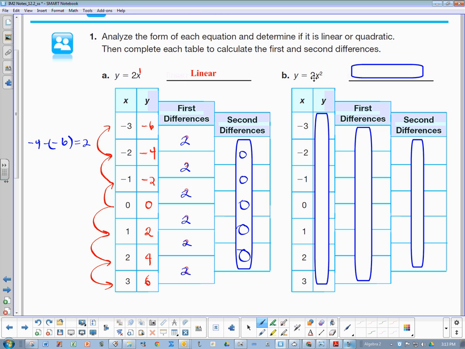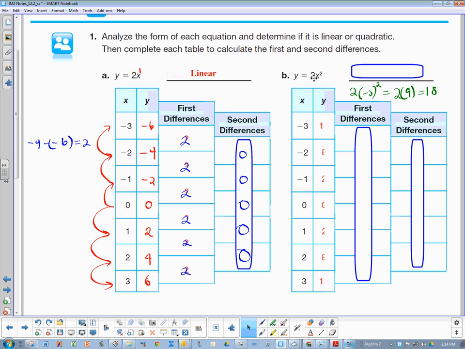So let's do a little bit of work right up here. This is going to be 2 multiplied by negative 3, and then that's all squared. So that's 2 multiplied by, well, negative 3 times negative 3 is 9. That looks like it's going to be 18. All right. So this is going to be 18.